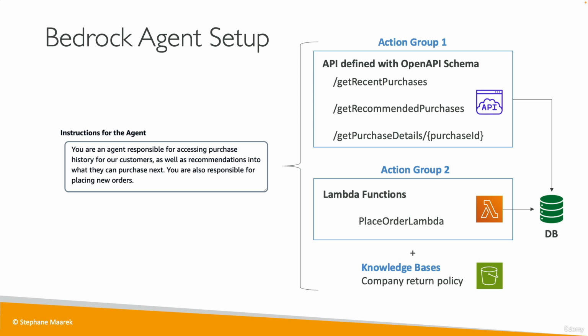And finally, it has access to knowledge bases that we define, of course. For example, say we have a knowledge base around our company, a shipping policy, a return policy, et cetera. If the user asks something about the return policy for an order they're about to place, the agent is smart enough to also provide that to the user. So the agents are very smart and they know what to access and automatically know how to do it.